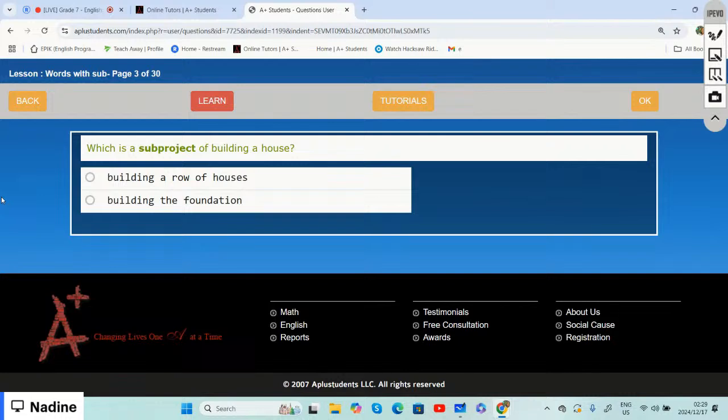All right, the next one says, which is a sub project of building a house? Is it option one, building a row of houses, or option two, building the foundation? Option one or option two?